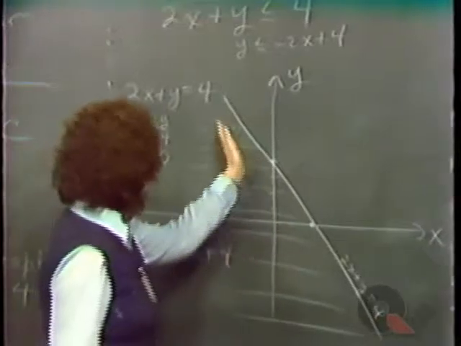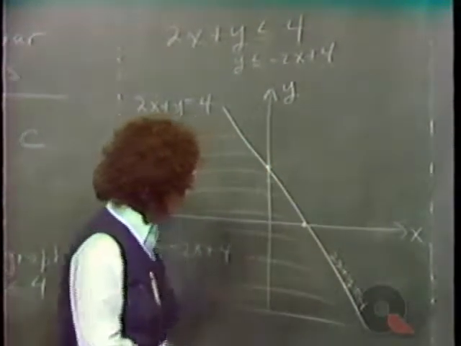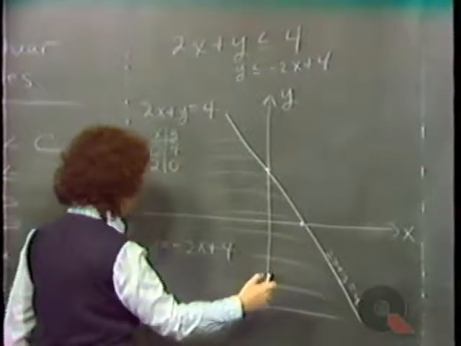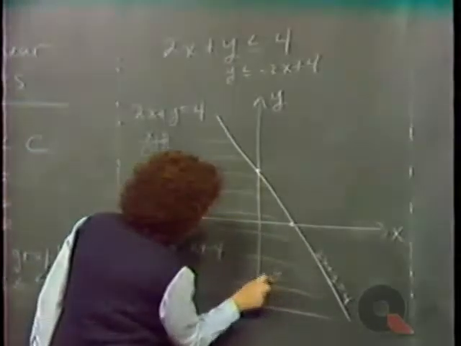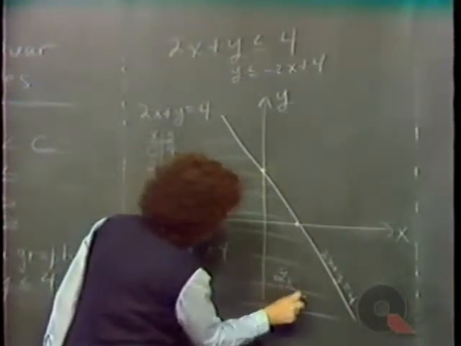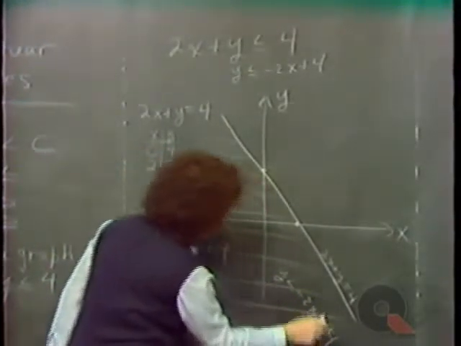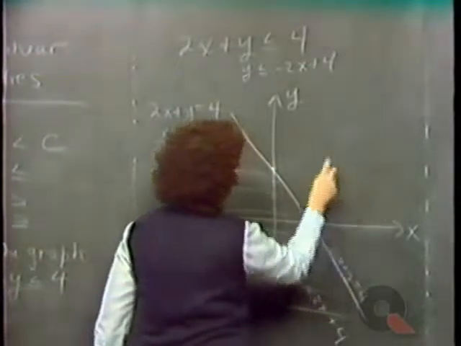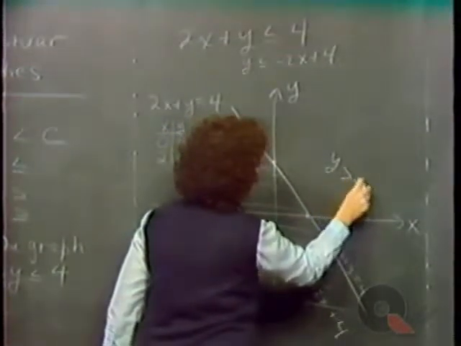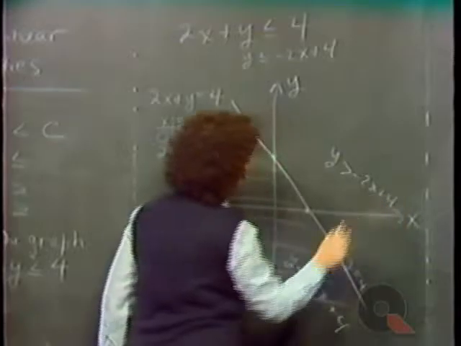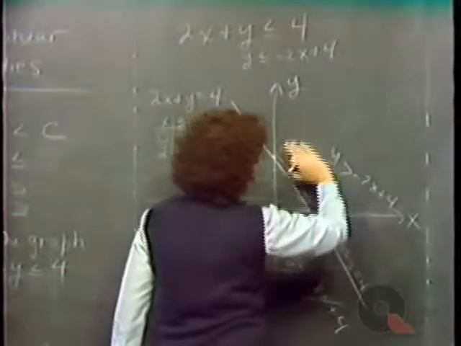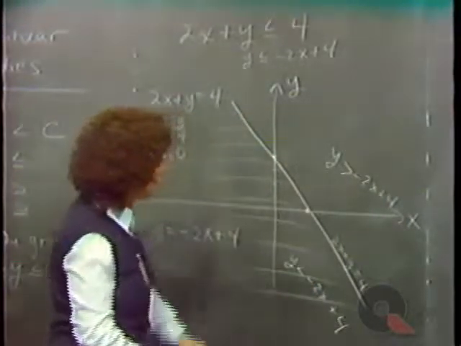If this is y equals minus 2x plus 4, this region down here that I've shaded in would be y is less than minus 2x plus 4. The region above the line would be y is greater than minus 2x plus 4.